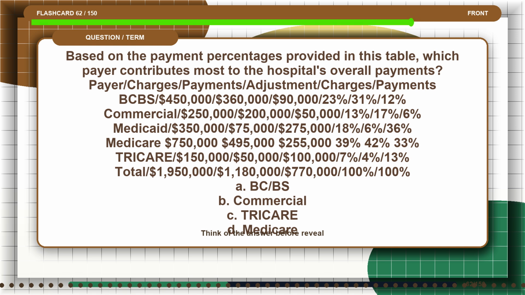Payer, charges, payments, adjustments. BCBS: 450,000, 360,000, 90,000, 23%, 31%, 12%. Commercial: 280,000, 200,000, 80,000, 13%, 17%, 6%. Medicaid: 380,000, 75,000, 275,000, 18%, 6%, 36%. Medicare: 750,000, 495,000, 255,000, 39%, 33%.